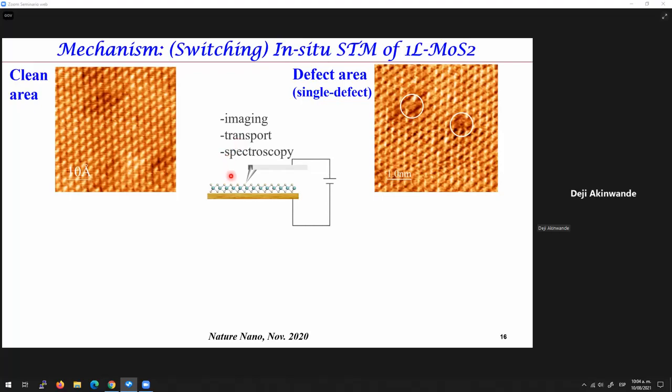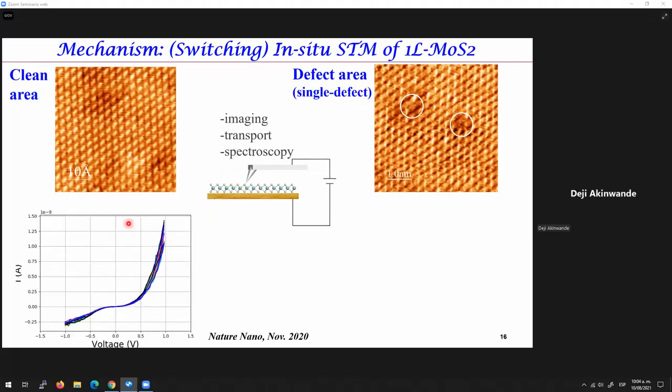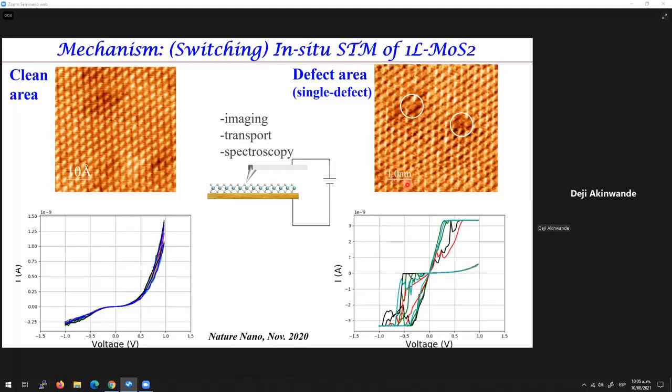And then you can also use the STM in transport in contact mode. If you do transport in this clean area, you see, more or less, an ordinary IV curve that represents diode-like behavior. Nothing unusual about this. However, if you do STM in these local defective regions that contain these vacancies, you clearly see now hysteresis, which shows the emergence of this non-volatile memory effect.